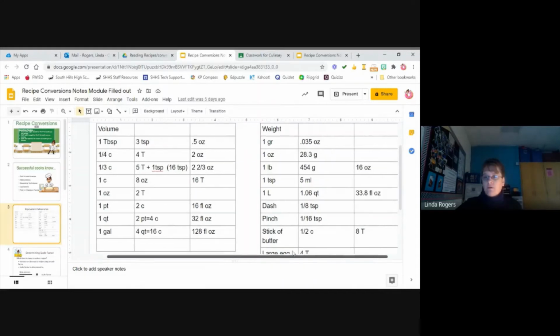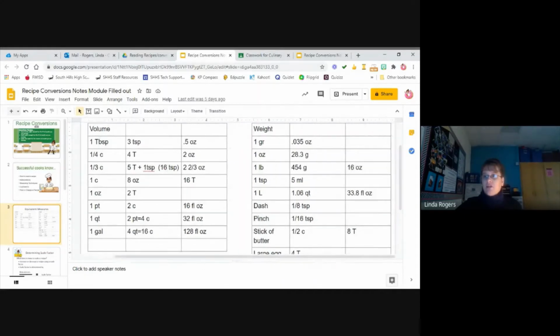All right, let's look at weight. So with weight, in baking, you're going to typically weigh things in grams. It's going to be much more accurate than ounces, because grams is based on base 10.